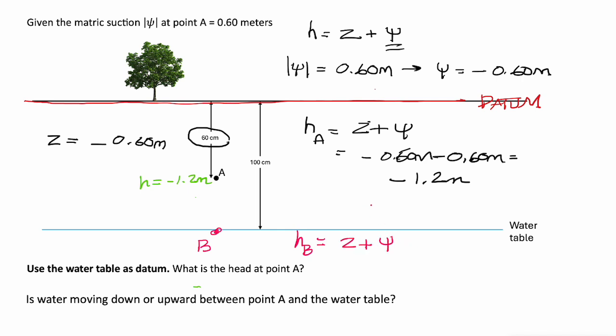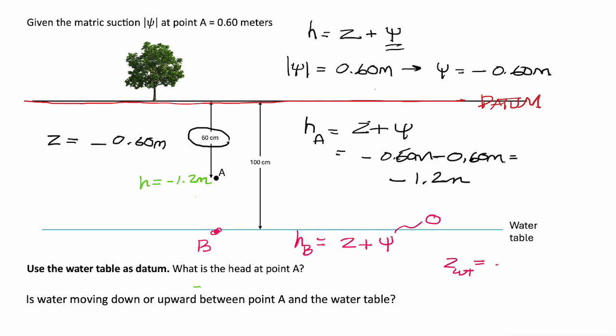Now, for the arguments I made last time, psi at the water table is always going to be 0, because the pressure at the water table is always 0. The elevation head, though, is not always 0. Now we've chosen datum to be the surface of the ground. So in this case, the elevation Z of the water table is not 0. But what is it? Well, it's 100 centimeters, or 1 meter, below datum.